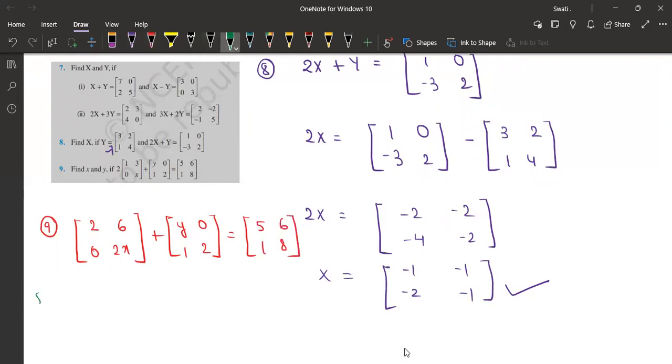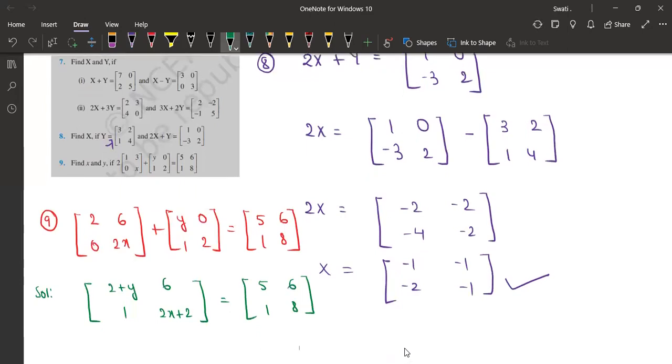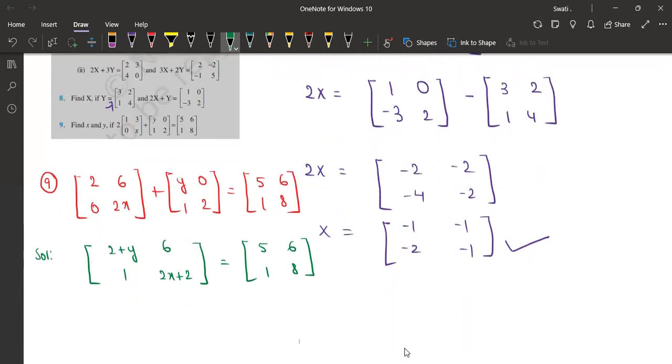Now, if you simplify this, of course, we know how to add the matrices. So 2 plus y, this is 6 plus 0, that is 6. This is 0 plus 1, that is 1. 2x plus 2. And then we have here 5, 6, 1, and 8. Okay. There is one property that is, if we have two matrices equal, then the corresponding entries are also going to be equal.